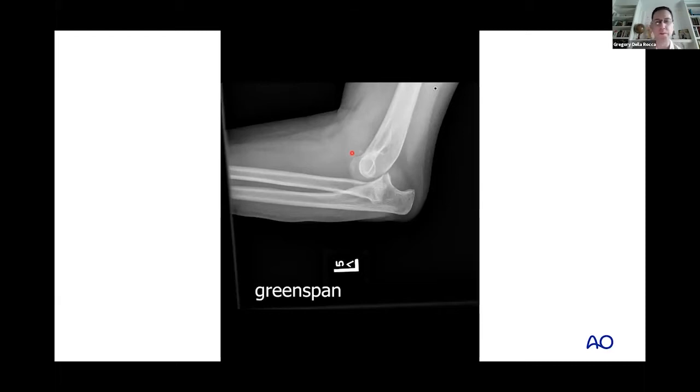It's hard to know which is which on this image because it's not a perfect lateral of the distal humerus, right? But you can see that there's a small fragment of bone there. This almost always is going to be a fragment of the coronoid. And it's important to notice that because missing these is actually a really bad problem.